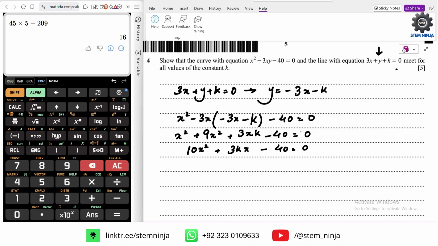So since this is meeting for all values of k, let's use b squared minus 4ac. So b squared minus 4ac is going to be 3k whole squared minus 4 times 10 times minus 40. So this is 9k squared minus 40 times 10 times minus 4, which is plus 1600.